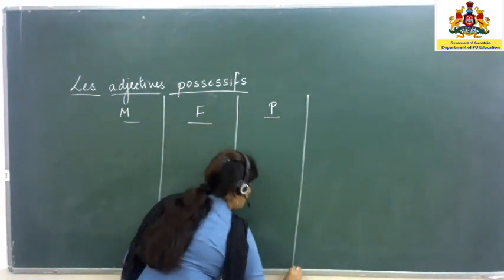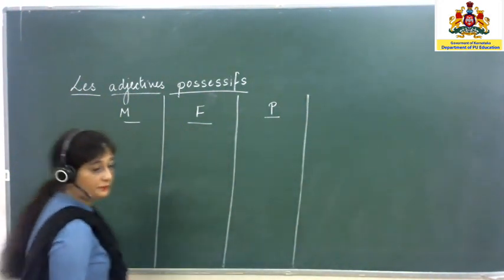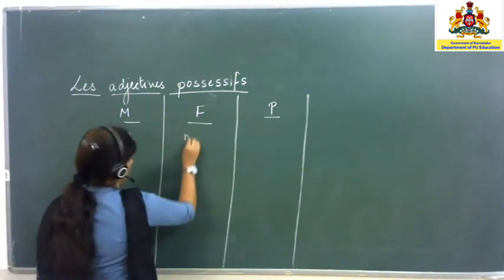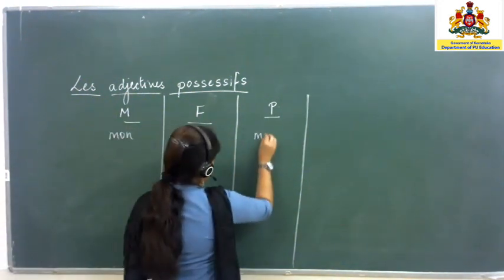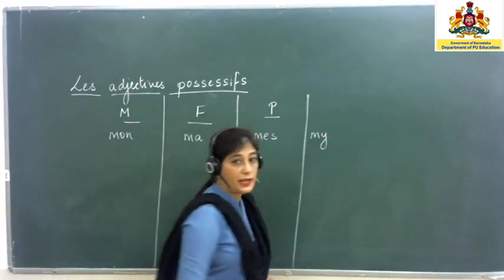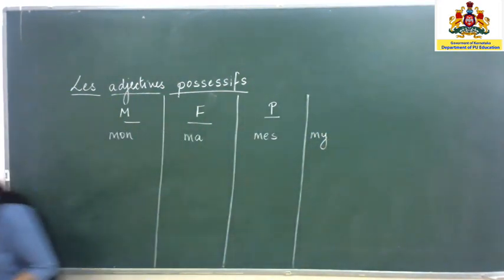And examples on the right side of the board. So the first one is going to be mon, ma, and mes, meaning my. So for example, I want to say my mother.